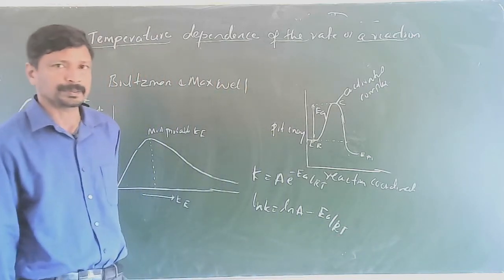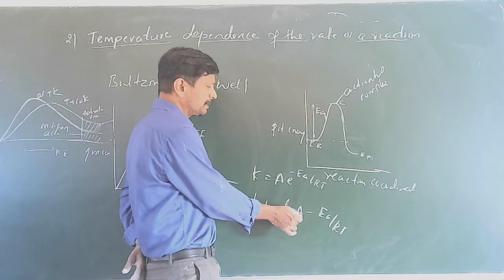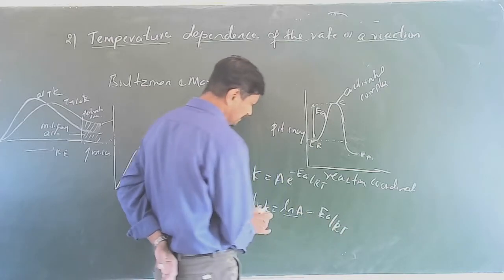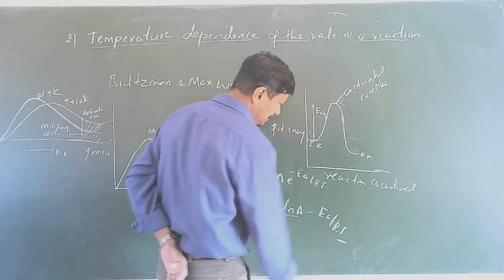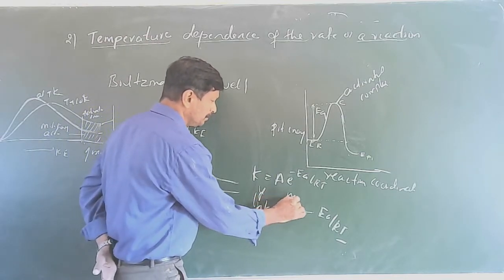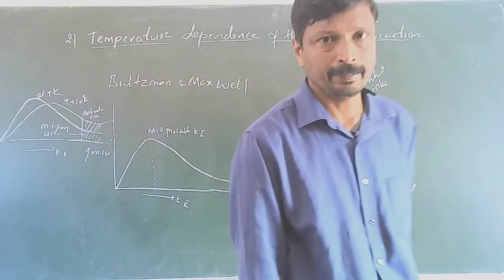So look at this equation. What are the variables here? For a given reaction, A is constant and activation energy is constant. The only variables are k and T. Therefore this is the equation of y equals mx plus c.